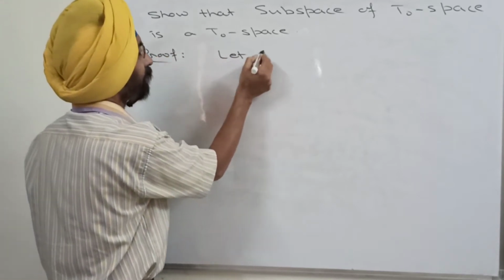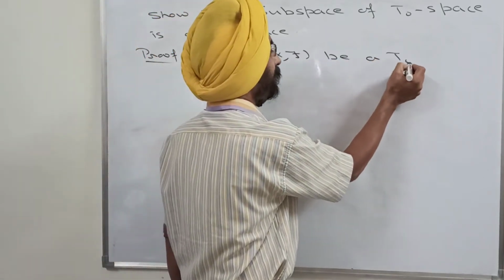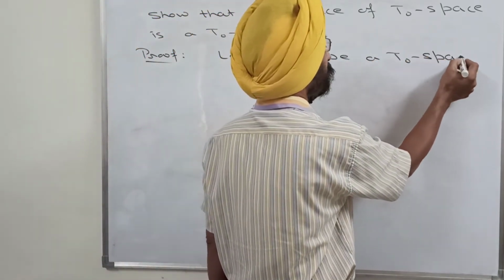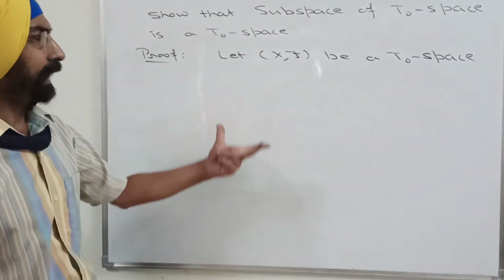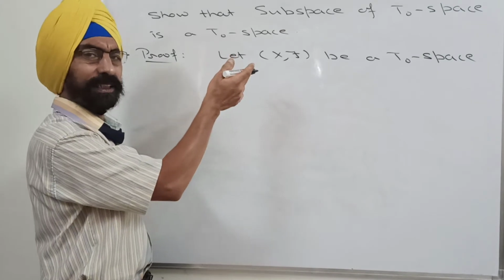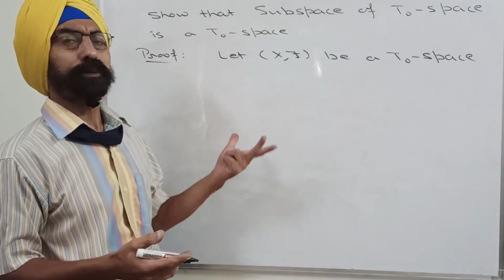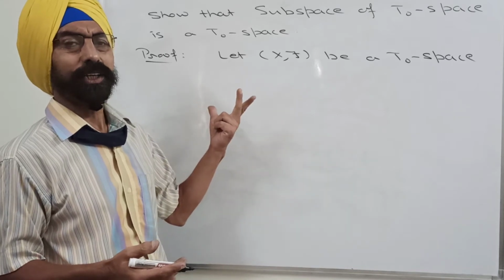Let (X, tau) be a T0 space. So we have taken a T0 space, and now we'll consider some subset Y of X and the relative topology, or subspace topology, tau_Y.